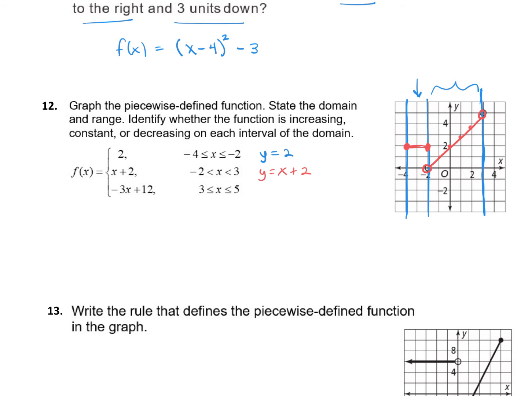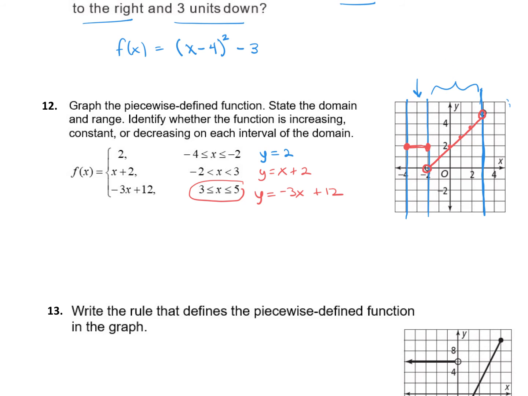All right, our last function is y equals negative 3x plus 12. And we want to graph that line just between 3 and 5. We already have our line at 3, so we're going to go ahead and create a line at 5. Now here's where this gets challenging because my y-intercept is 12, my y-axis is over here in this other interval, and 12 is way off my graph.